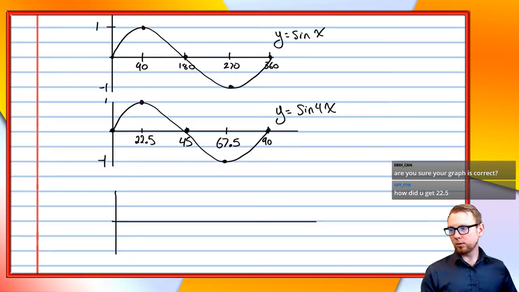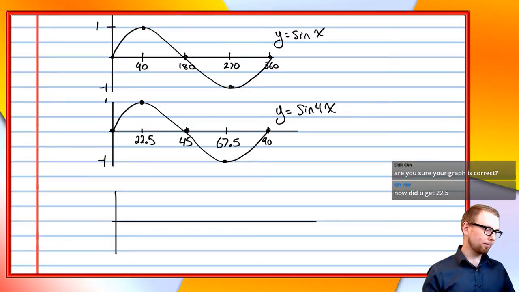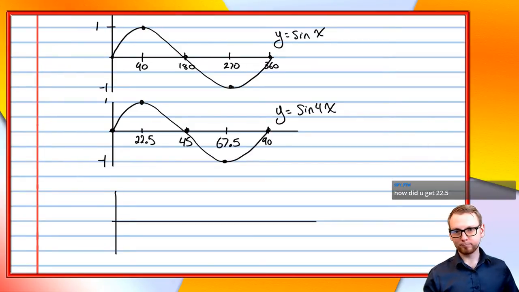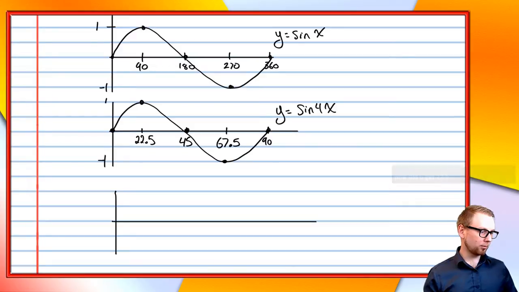Pi over 4 is 45 degrees. Yep. Here's sine of 4x. 0, pi over 8, pi over 4, 3 pi over 8, pi over 2.